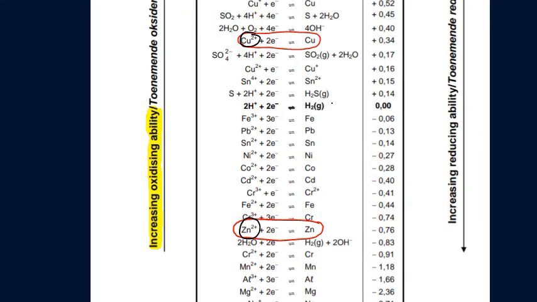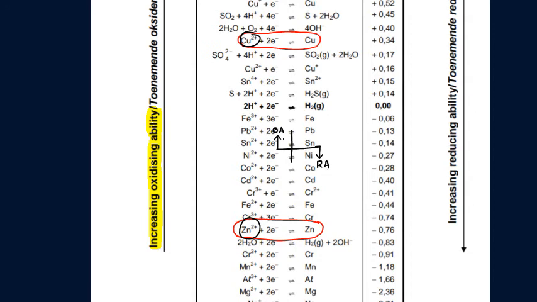If I zoom out a little so that you can see the relative position of these two reduction half reactions, the direction arrows help you when comparing two reactions to figure out who is the stronger oxidizing agent and who is the stronger reducing agent.